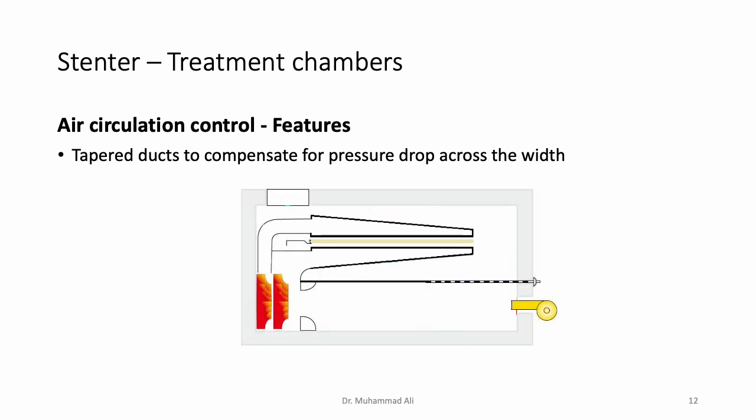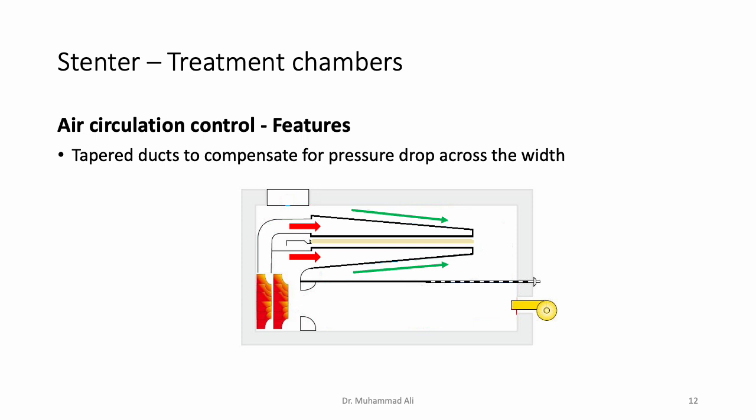So that's the treatment chamber that we have been discussing. And these are the tapered ducts in between which the fabric is placed at all times. As the air is blown by the fans into these ducts, it travels in this direction, and of course, as it travels, its velocity decreases.